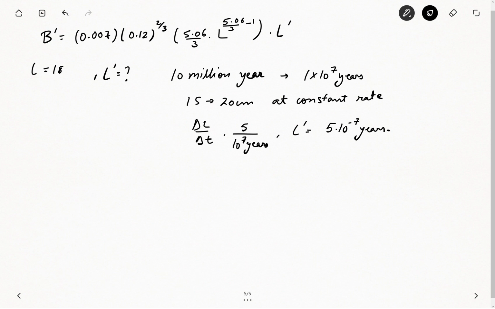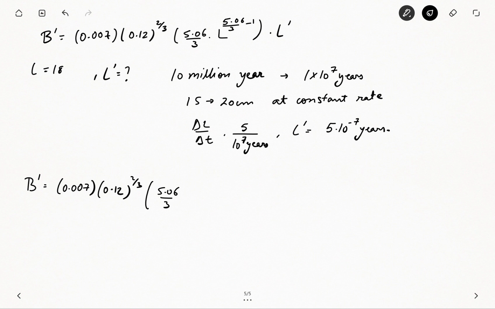Okay, once we have that whole quantity here, we can punch all those numbers into the situation and see what's happening. So now B prime is 0.007 times 0.12 to the power 2 over 3, and then 5.06 over 3, and then I'll just do the algebra for the power, so it's easy for us to analyze. 5.06 minus 3 will just give you 2.06.